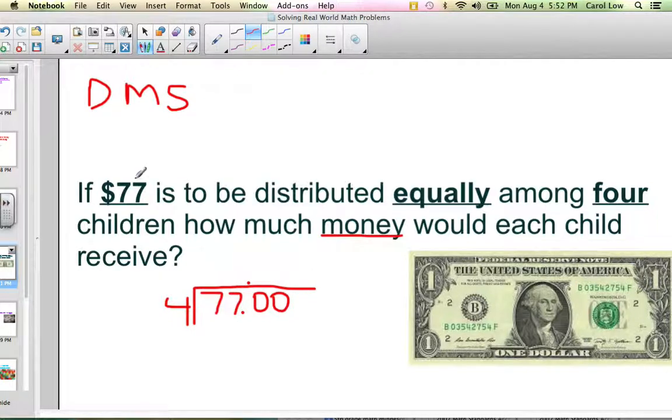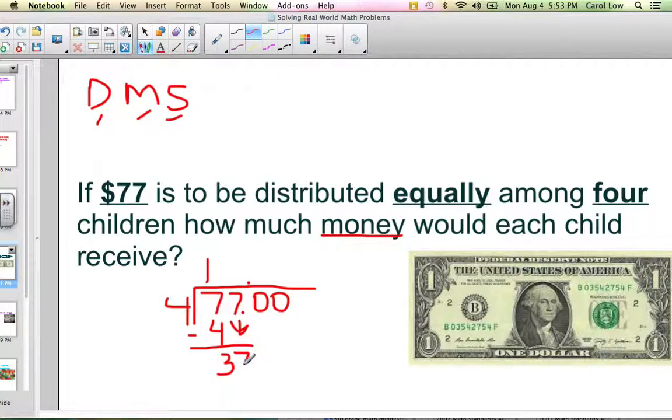Okay, so I'm dividing. 4 into 7 goes once. 1 times 4 is 4. And then I subtract. And I get a 3.